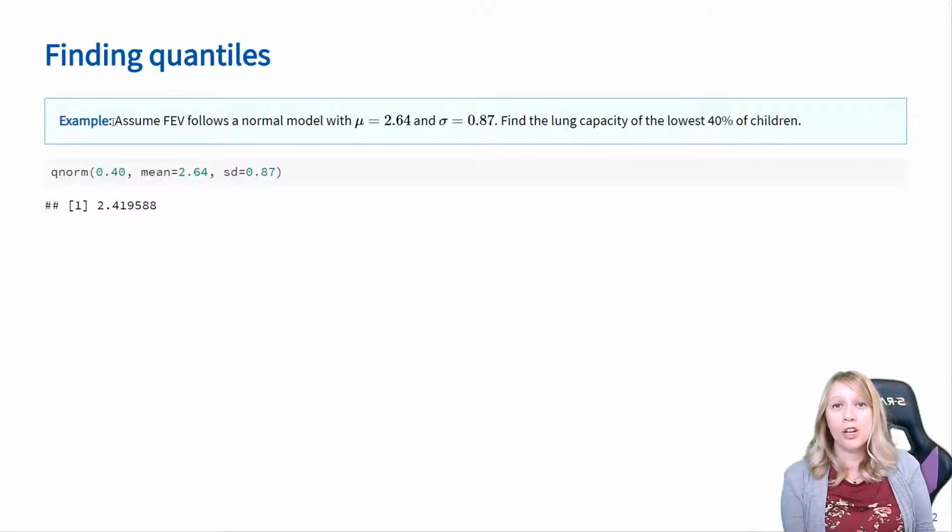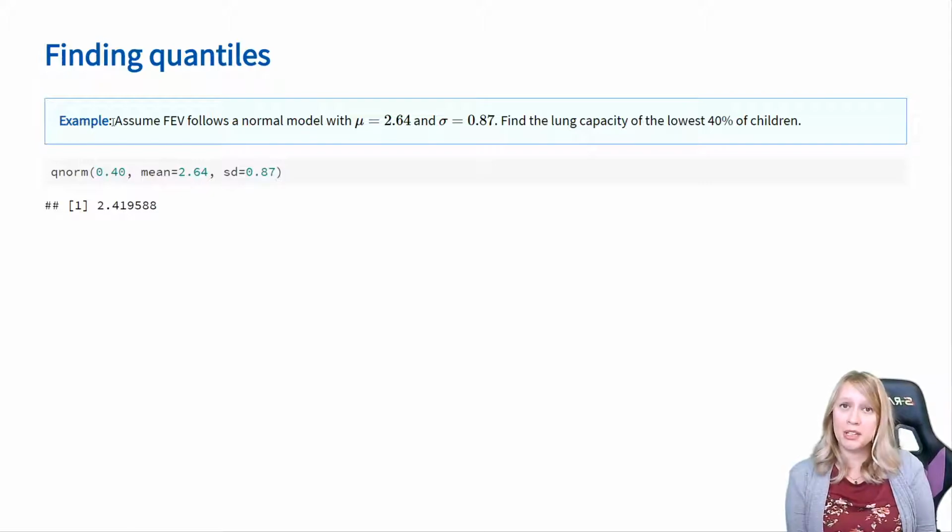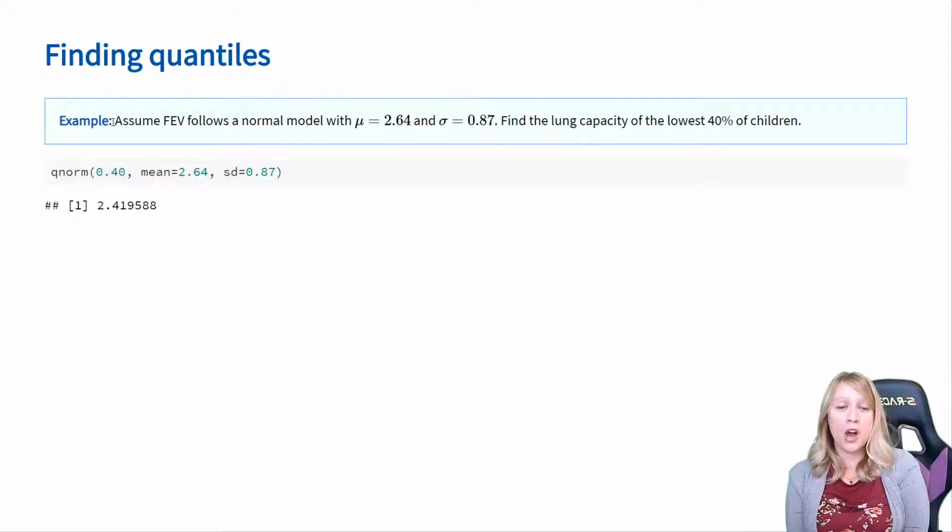Now let's talk about finding quantiles. So again, we're assuming that FEV follows the same normal model. I want to know what the lung capacity is for the lowest 40% of children. So what's the lower limit of lung capacity up to 40%? So here, because we want to find a quantile, or we want to look at the cutoff for the lowest X%, we will use the qnorm function.